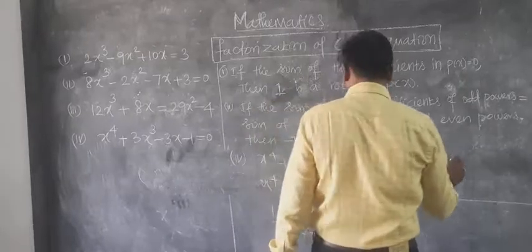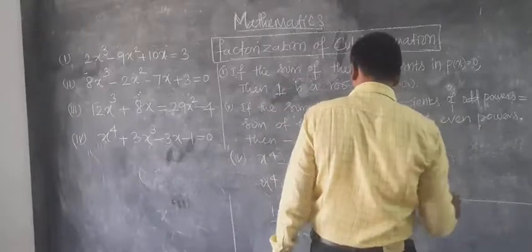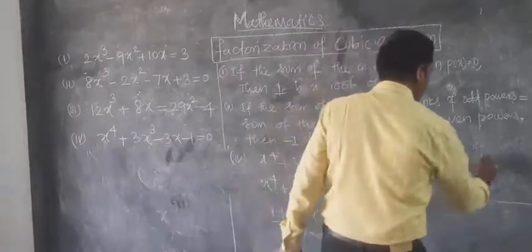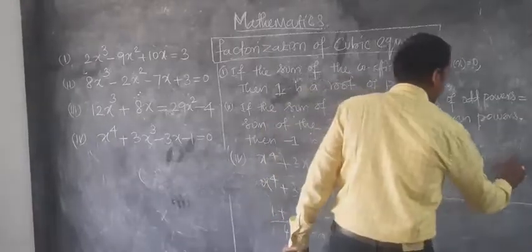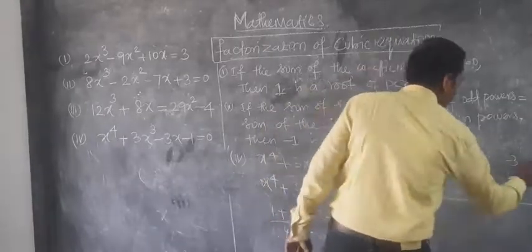So 1, 3, positive 3, 0, minus 3, minus 1.